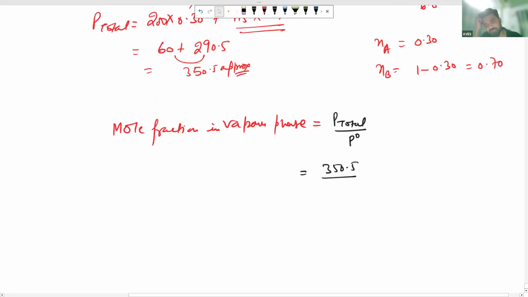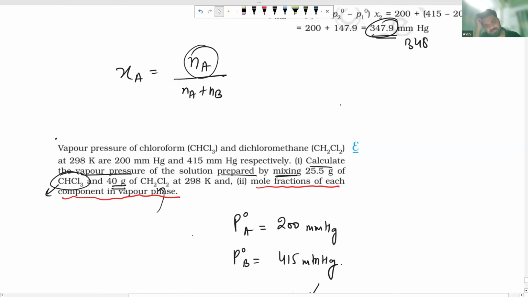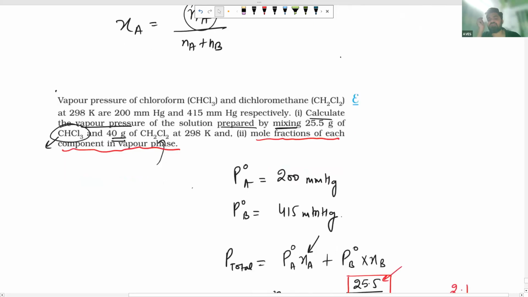What is that in the pure phase? That is 200 mmHg. So divide it and you will get this value.